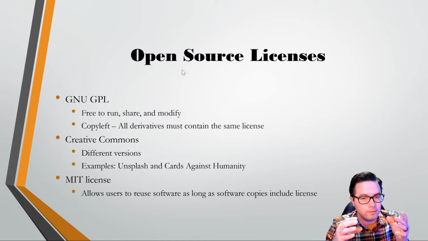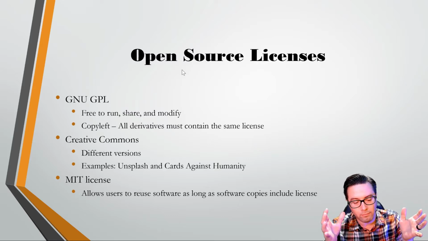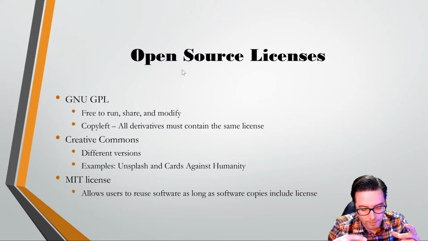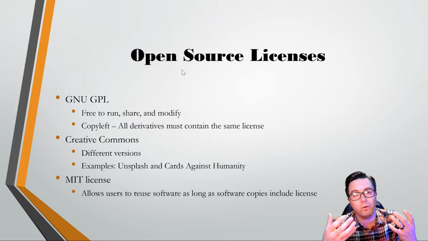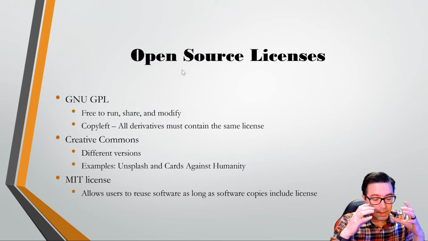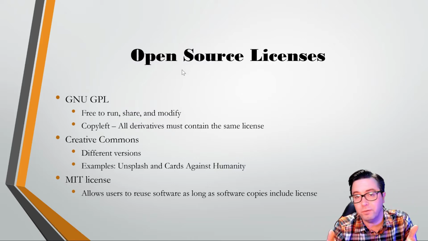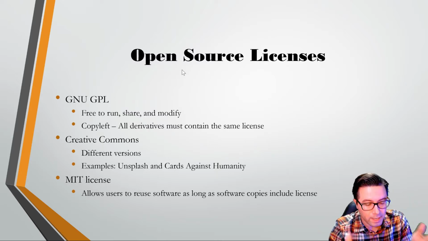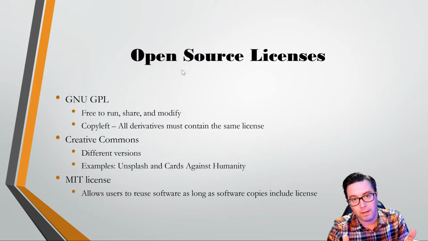For instance, Unsplash has different rules on whatever the image holder wants to do with it. They might say, hey, you can use this whenever you want and make money off of it. I don't care, just as long as you cite me as the person that made this content.